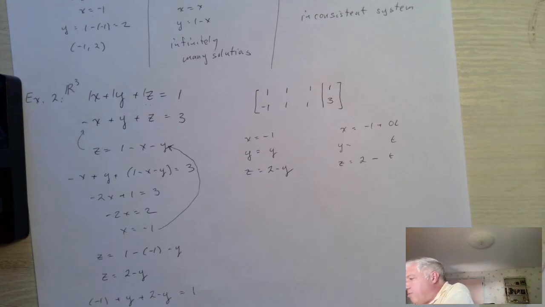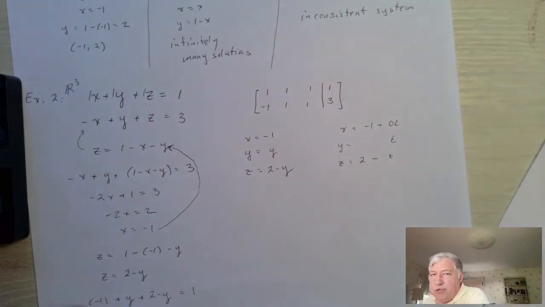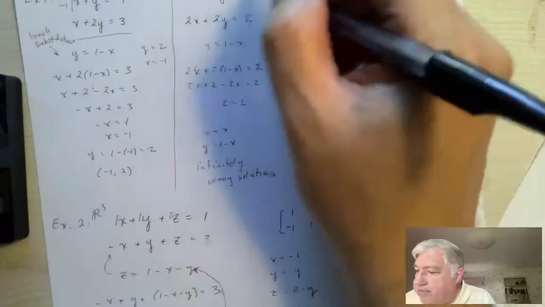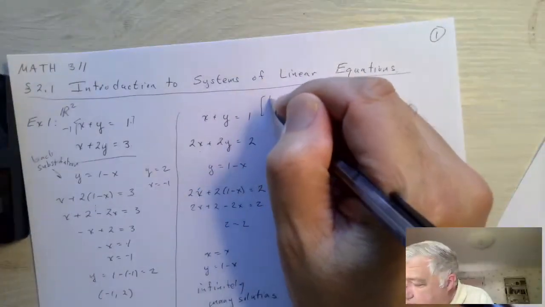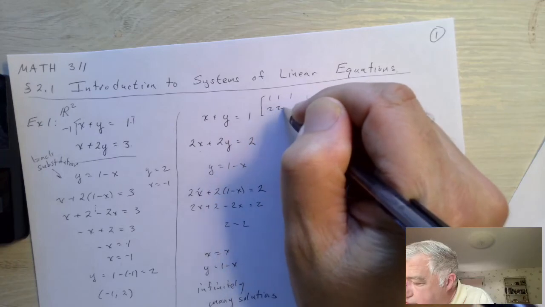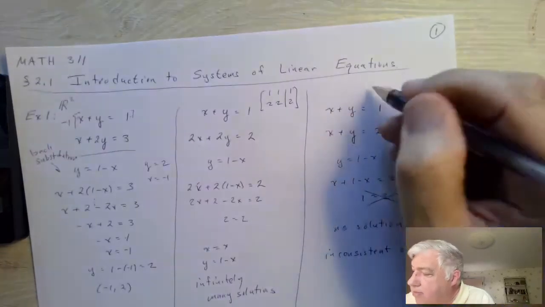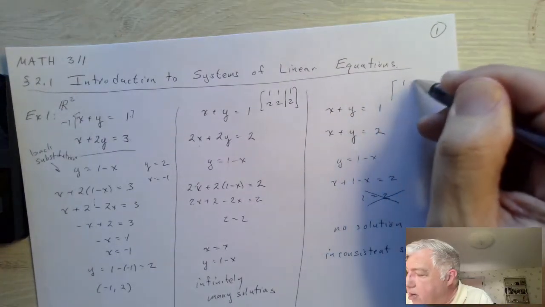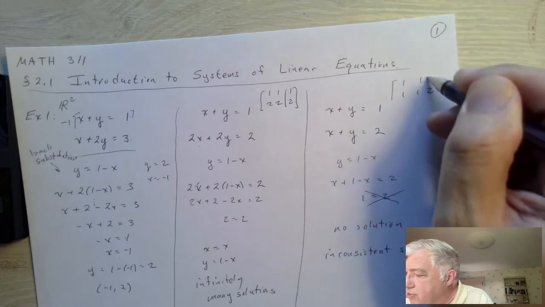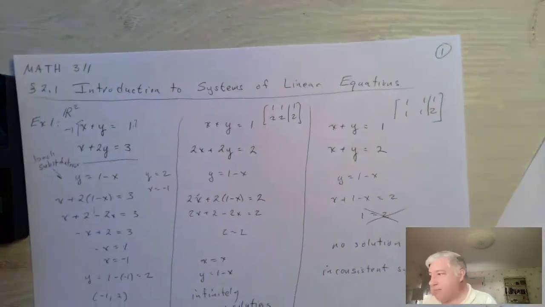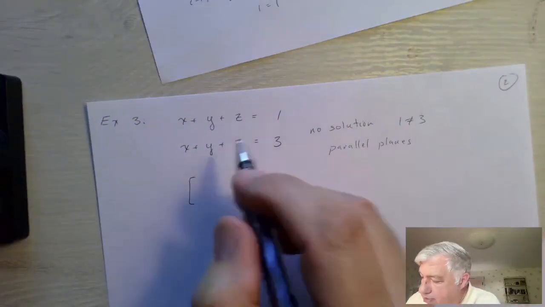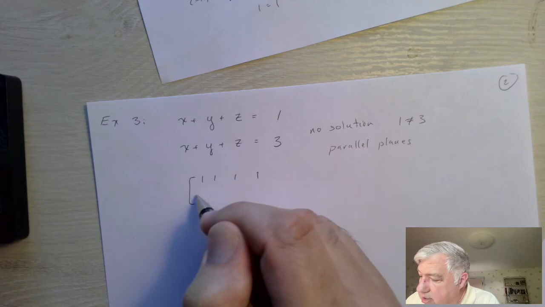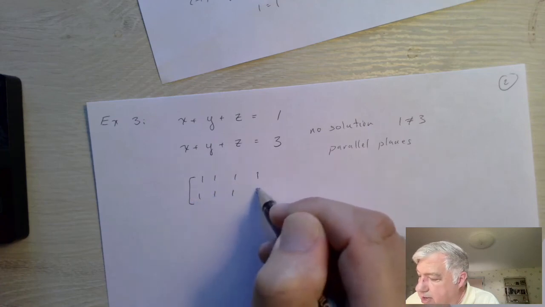And we put a line here to indicate that these are the constant terms. For the one up here, the augmented matrix would be 1, 1, 1, 2, 2, 2. For this, it would be 1, 1, 1, 1, 1, 2. For example 3, the augmented matrix would be 1, 1, 1, 1, 1, 1, 1, 3.